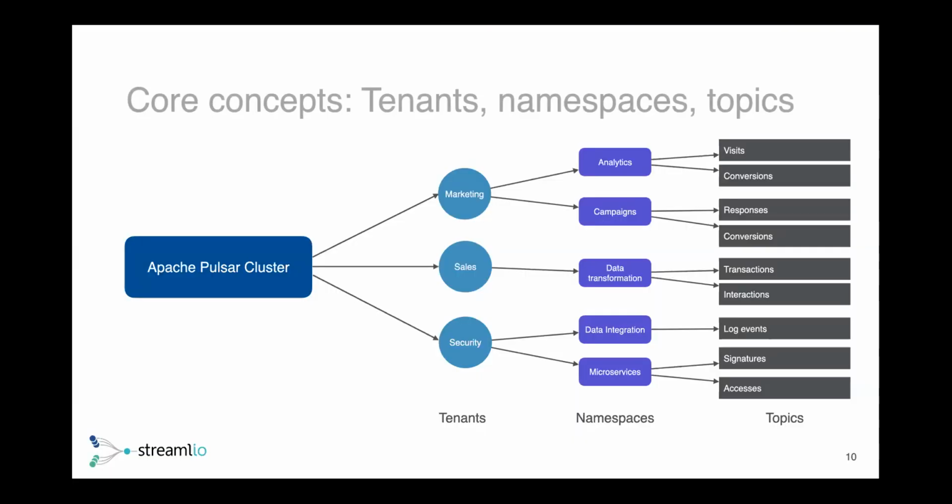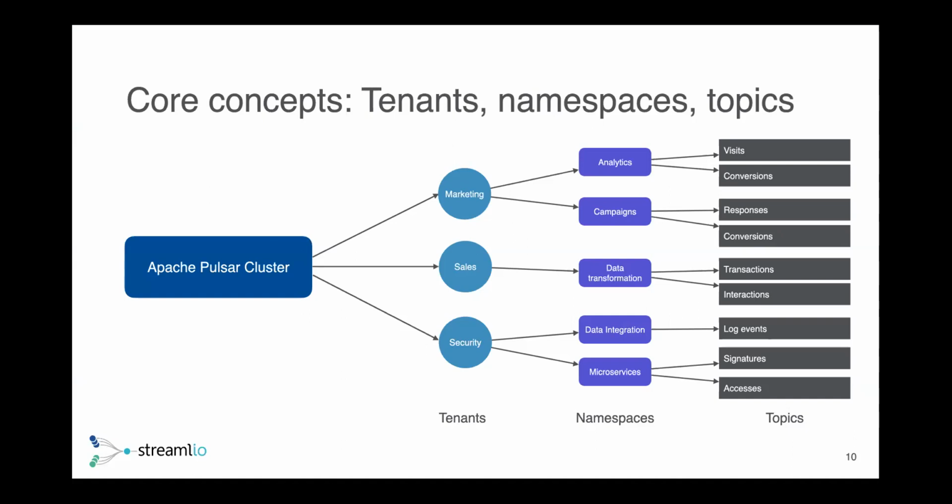So what are some of the key concepts around Apache Pulsar? I'll introduce these terms so that when I talk about them later, it gives you a point of reference. From a logical standpoint, you partition an Apache Pulsar cluster into tenants, which represent individual groups or sub-organizations within a larger organization.